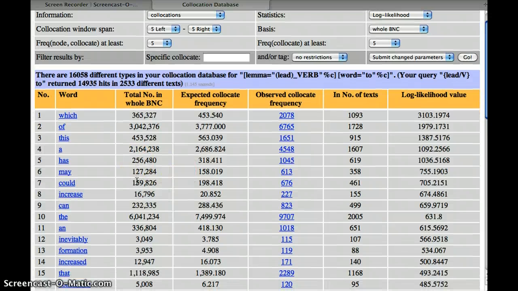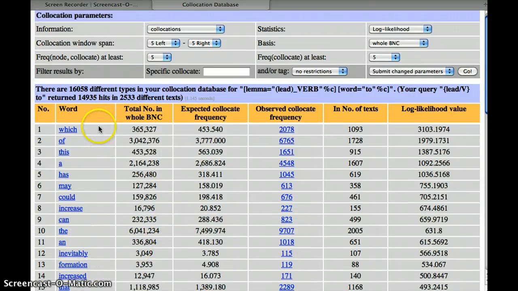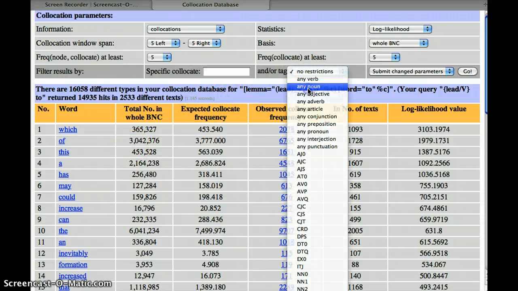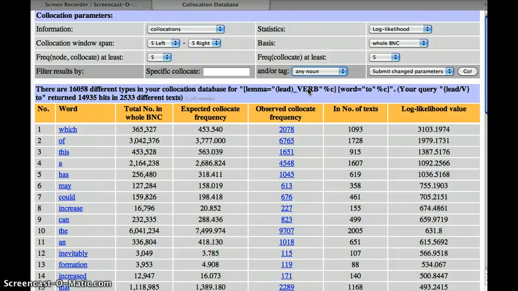And we'll see a whole different bunch of words. Don't seem to be any that are like trouble. But of course some of them are verbs, some of them are nouns. What we're interested in is nouns, because those will come after the word. So we can do any noun. Let's see what happens.